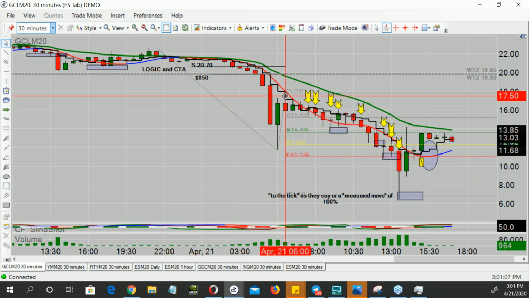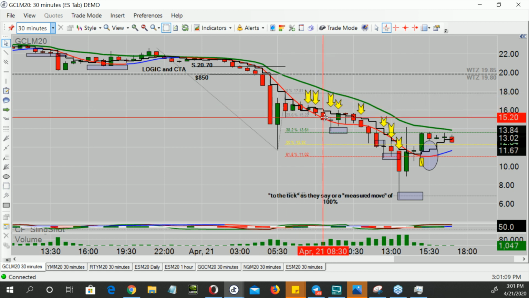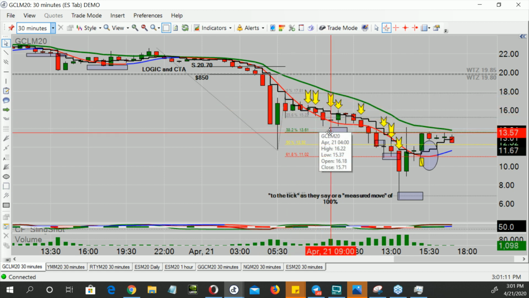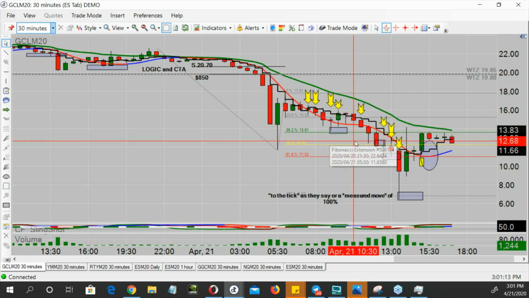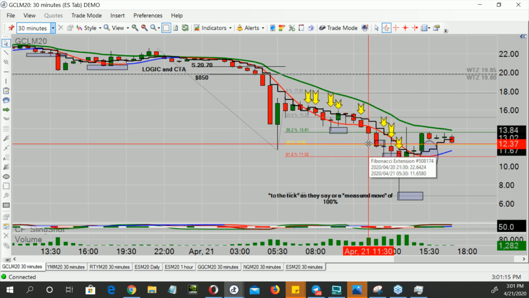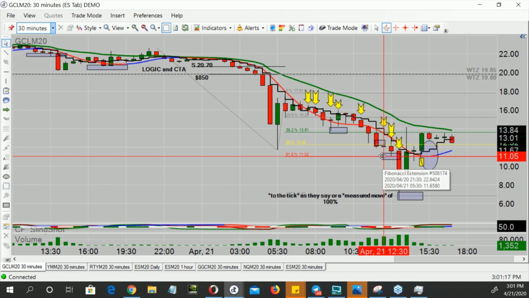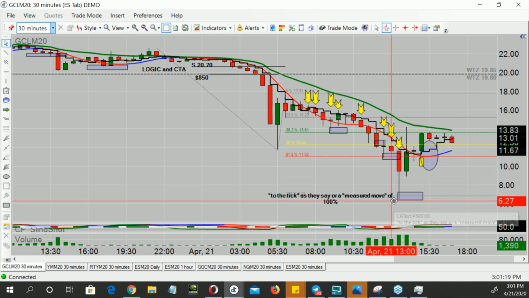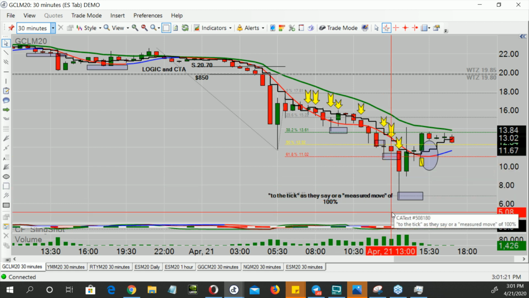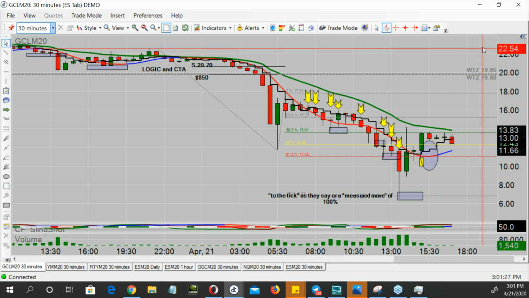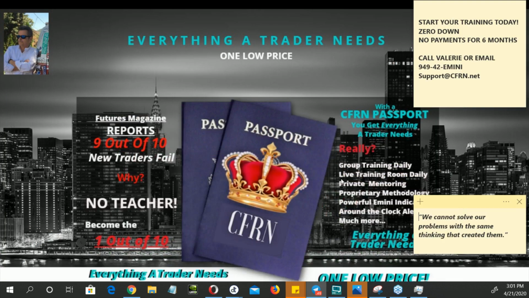Price gave us a 24% target, a 38% target, 50% target, 62% target. It gave us a 100% measured move.